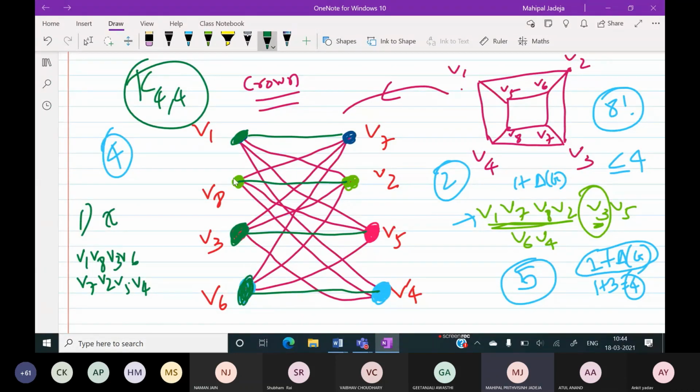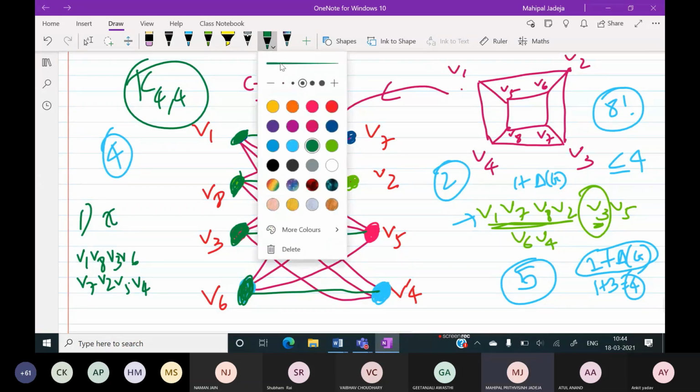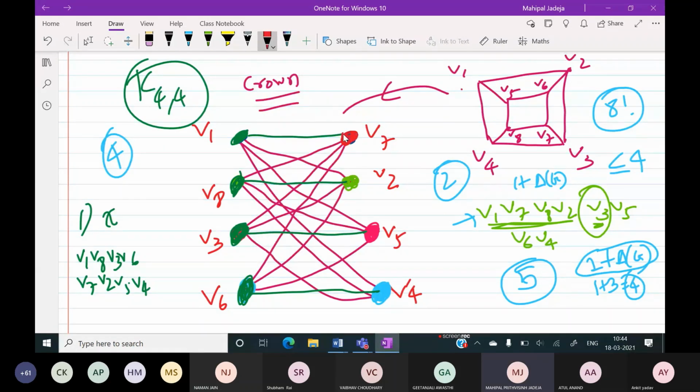Now, whenever we are considering V7, then we can't use the same color green. We need to use some different color, let's say red. And we can reuse the same red color for the rest. So good. So we can get this 2 as the chromatic number value if we follow this particular ordering.